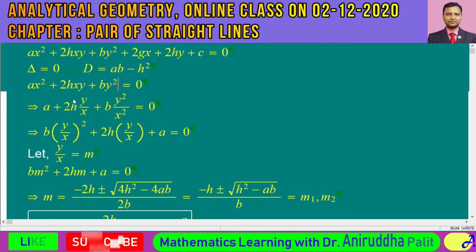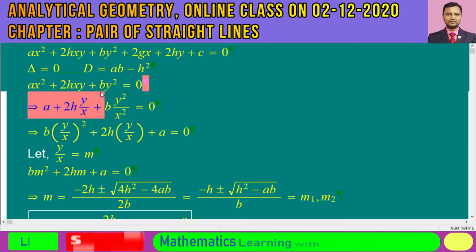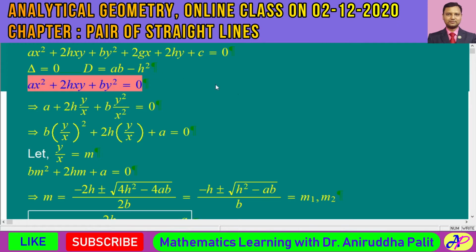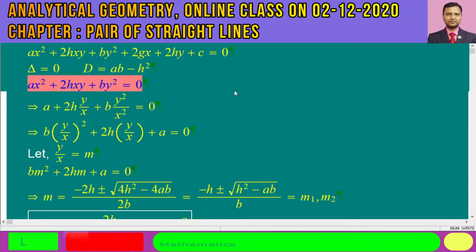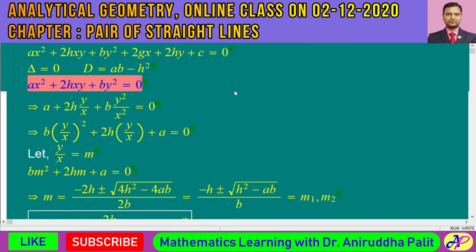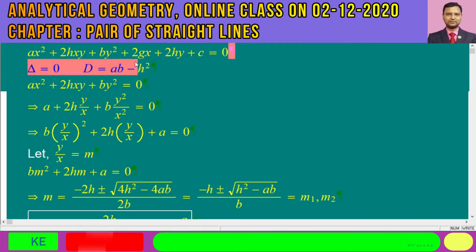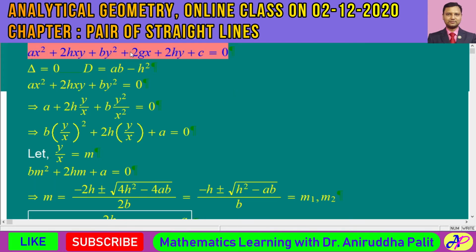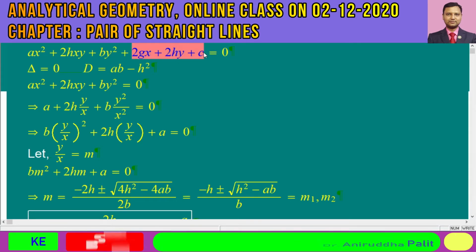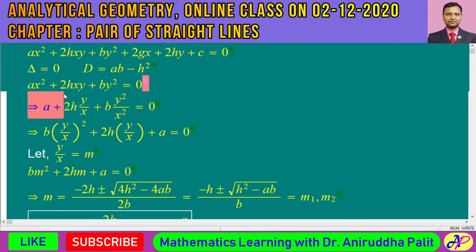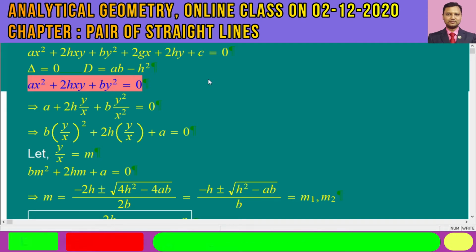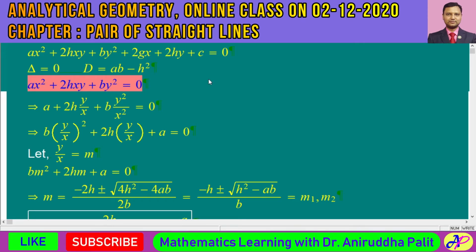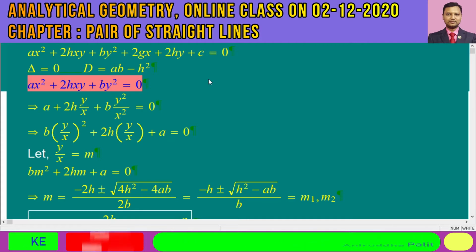You will get the general definition in that chapter, so I'm not going to discuss all this here. Over here, we simply say that this is a purely homogeneous second degree equation, while the other is the general second degree equation, general because it involves the first degree terms as well as the constant term. This is particularly called the homogeneous second degree equation involving two variables x and y.